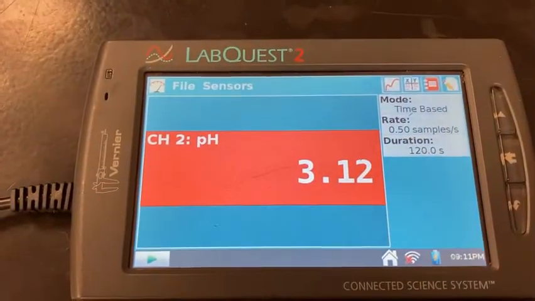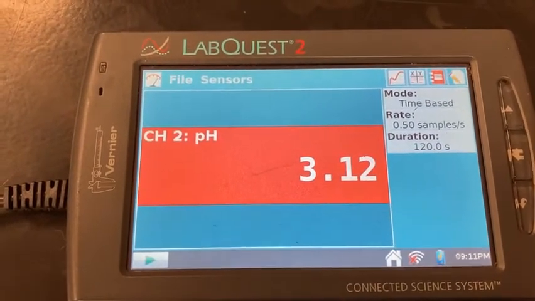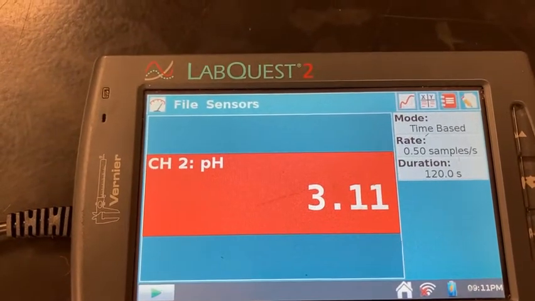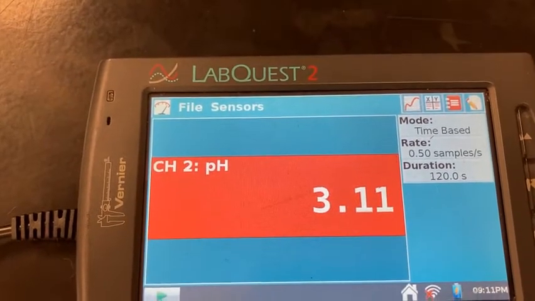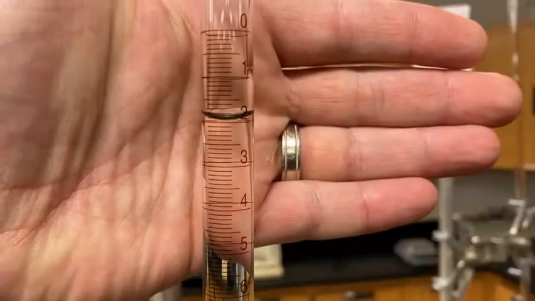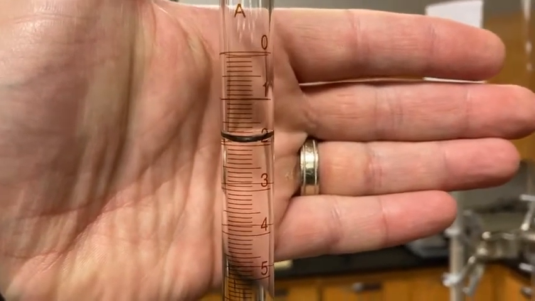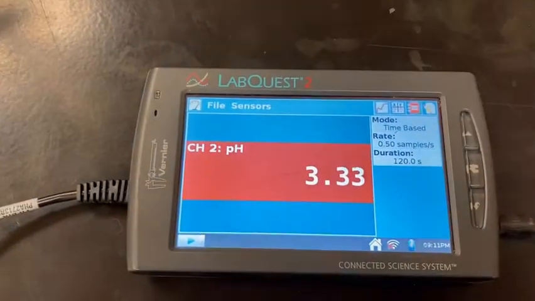And our pH for that starting volume, not adding any NaOH into that buffered solution, or buffered, listen to me, non-buffered solution, is 3.12 or 3.11, your choice. All right, there's the first addition to the non-buffered citric acid solution. And the pH is here.